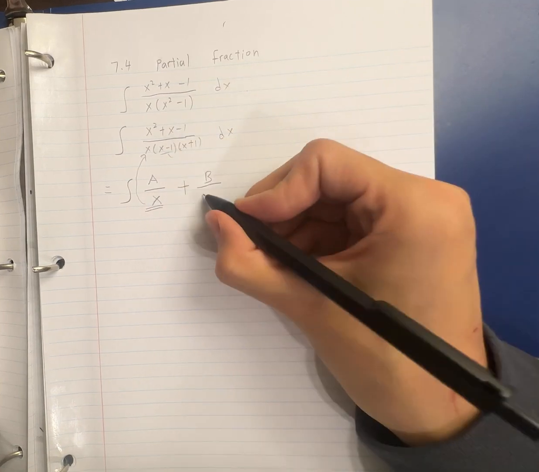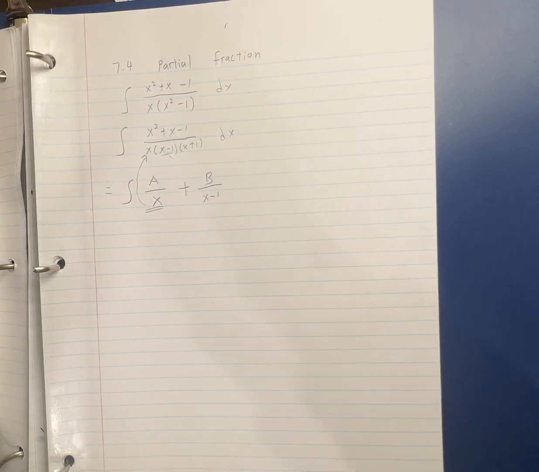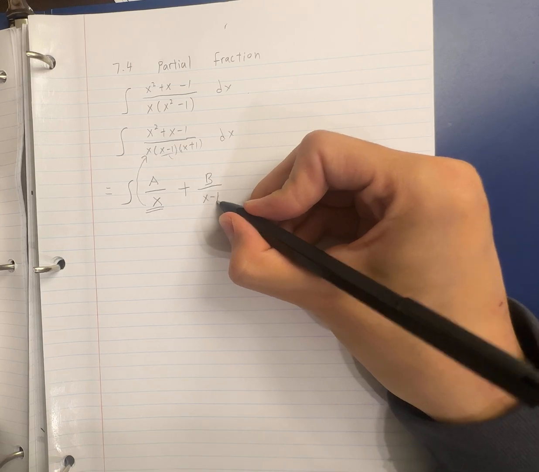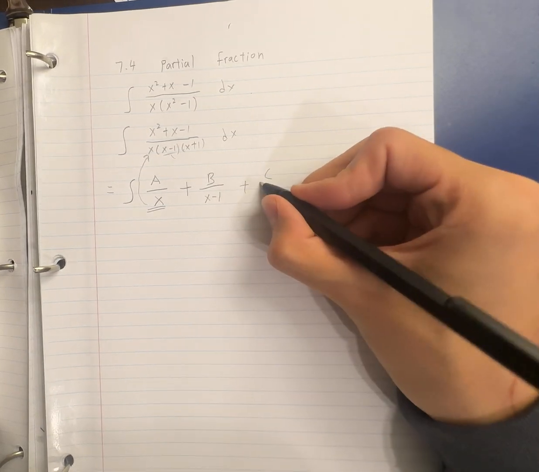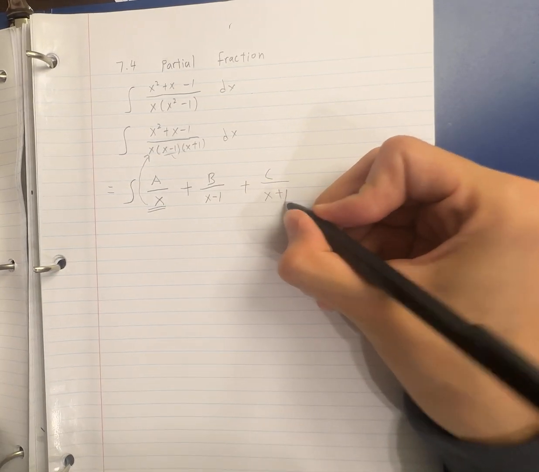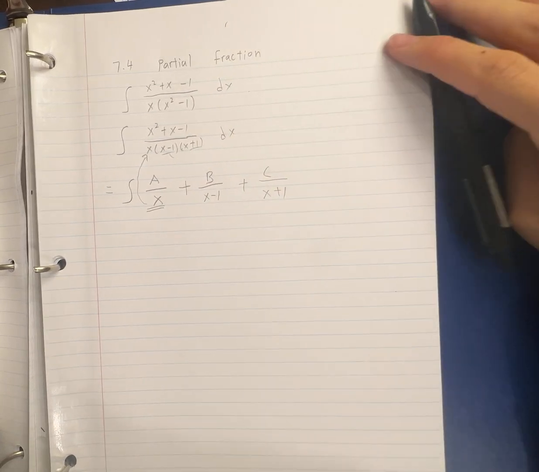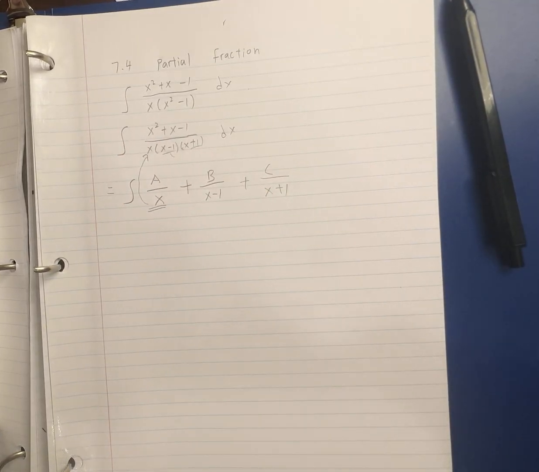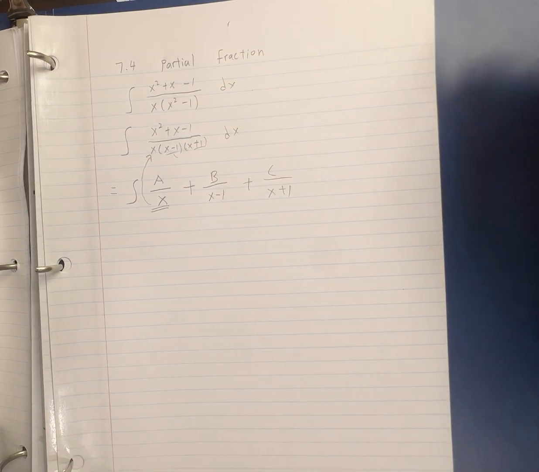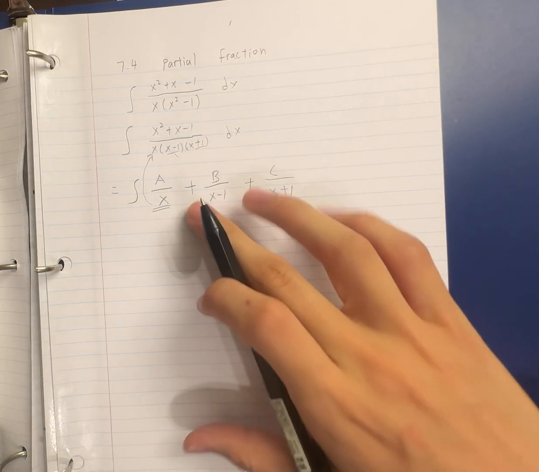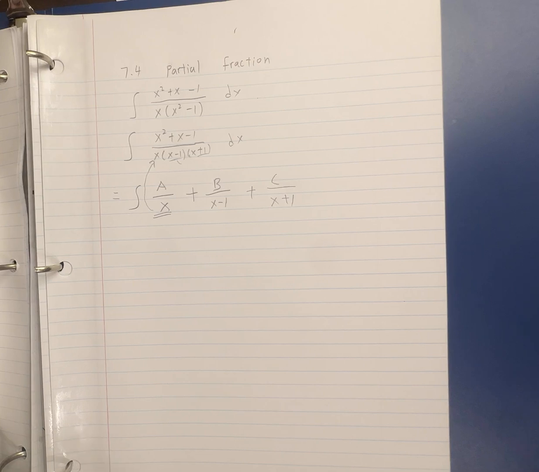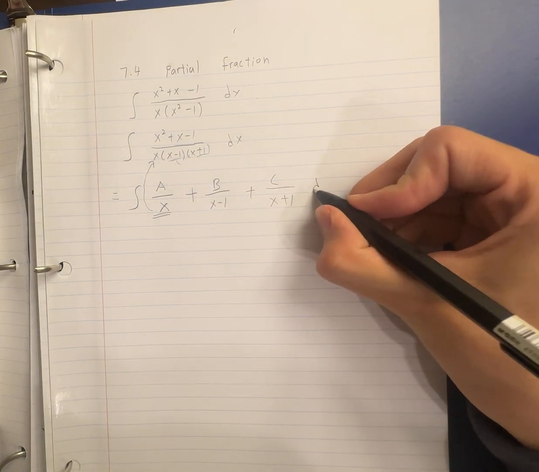We can use x minus 1. Same goes for C, x plus 1. It's from over here. And A, B, C doesn't really matter. You can use other letters, but I guess A, B, C is easier for me to remember. And don't forget about dx.